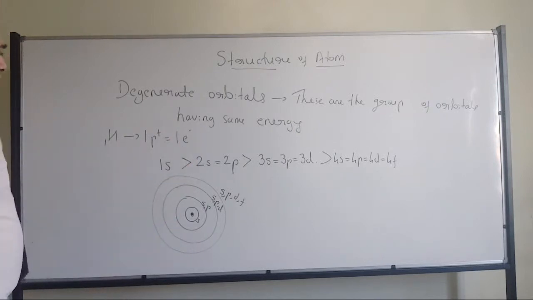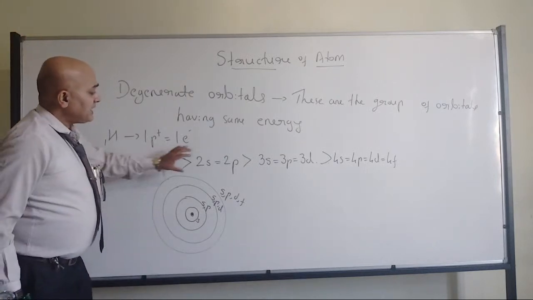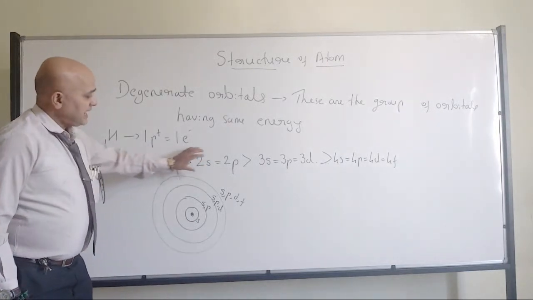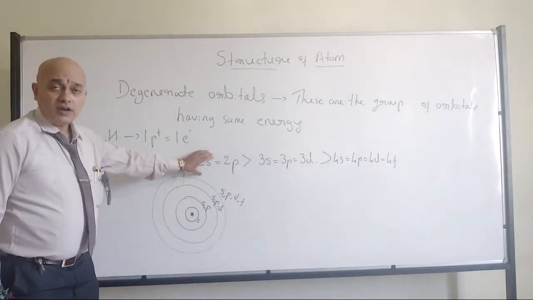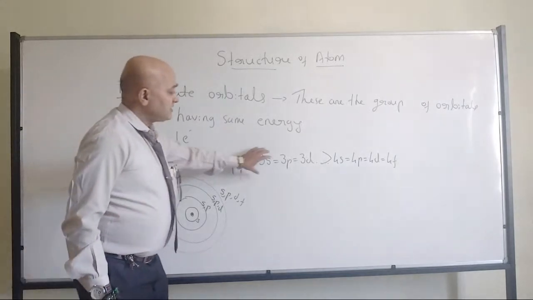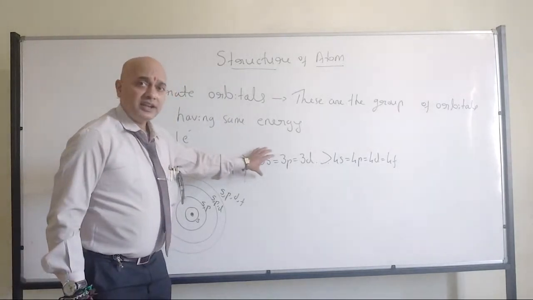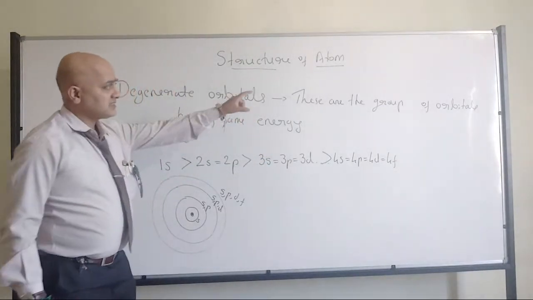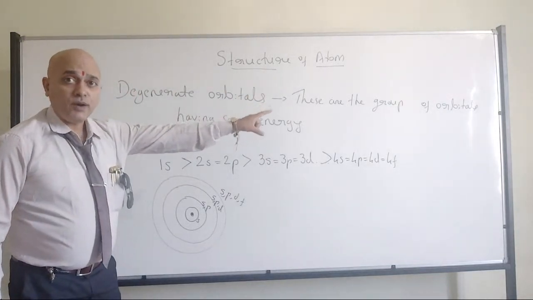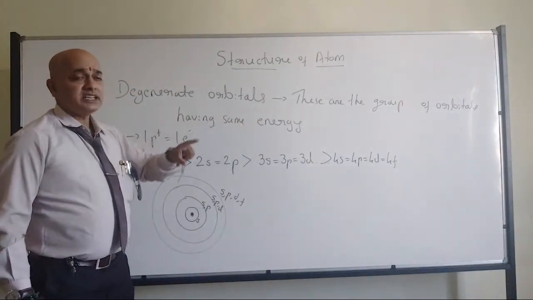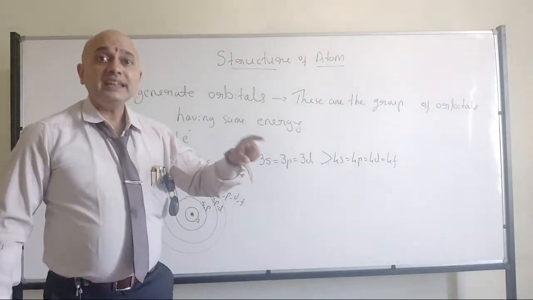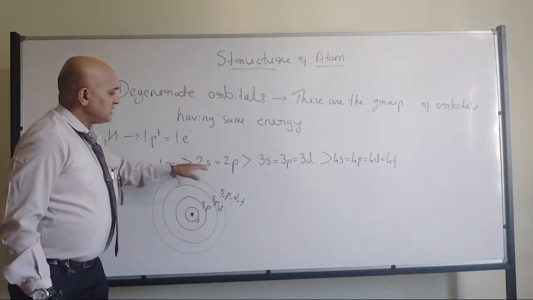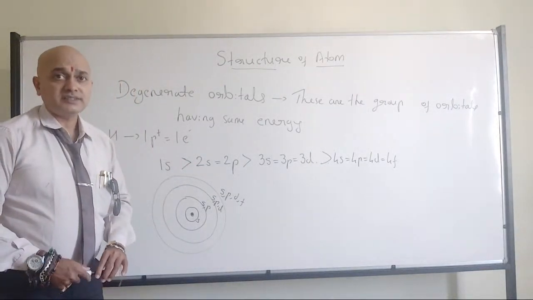Now if you observe carefully, 1s and 2s cannot be degenerate orbitals. Or 2p and 3s, they cannot be degenerate orbitals, because the definition of degenerate orbitals tells that these are groups of orbitals having the same energy. Since 1s is of lower energy compared to 2s, they cannot be degenerate orbitals.